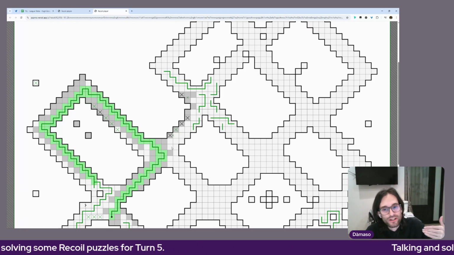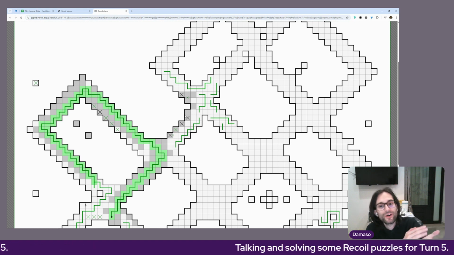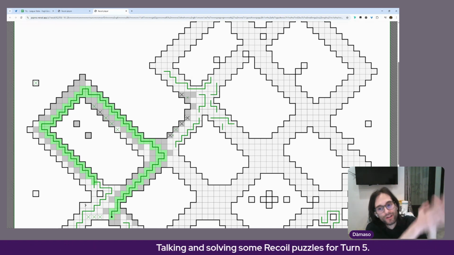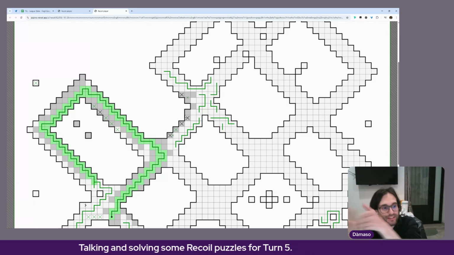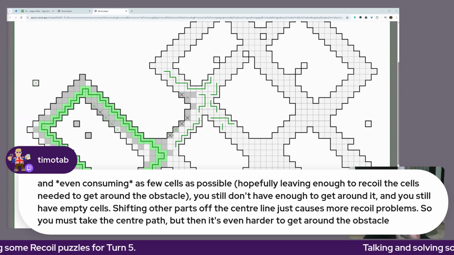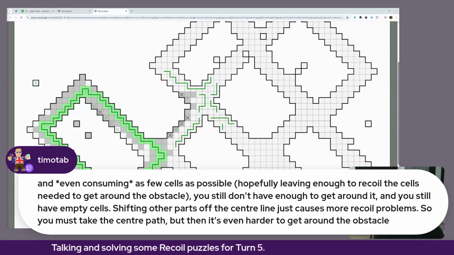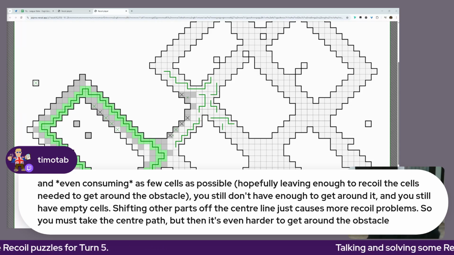Because now this thing would just create a problem every time I go here, because now I have one space left, and that one would continue, and then. So yeah. And even consuming as few cells as possible, fully leaving enough to recoil the cells needed to get around the obstacle, you still don't have enough to get around it, and you still have empty cells. Shifting other parts of the center line just causes more recoil problems, so you must take the center path, but then it's even harder to get around the obstacle.